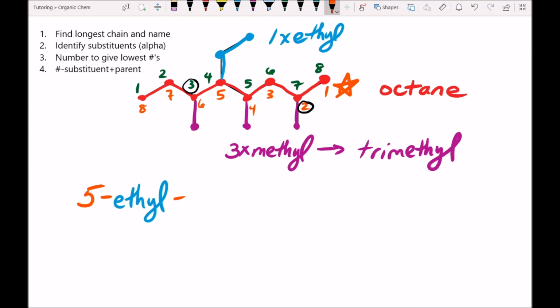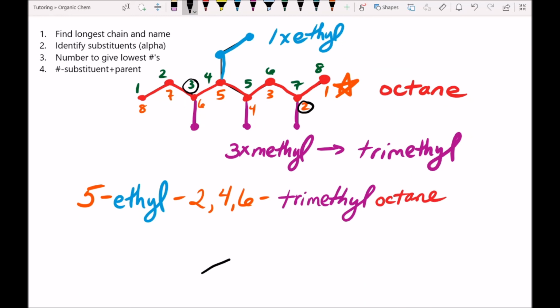We have 3 methyl groups, so we need to give 3 numbers for the 3 locations. 2, 4, and 6 are the carbons on which we have methyl groups. And we have trimethyl, since there are 3 methyl groups. And then finally, the name of the parent chain, which is octane.